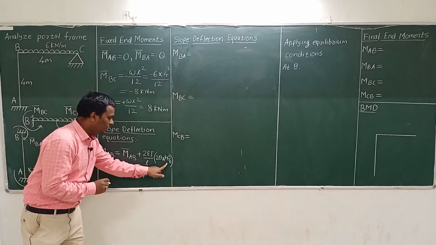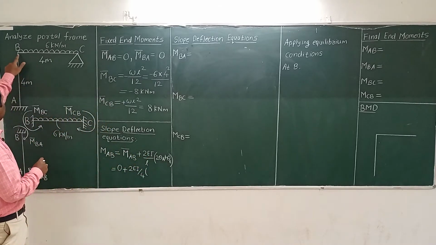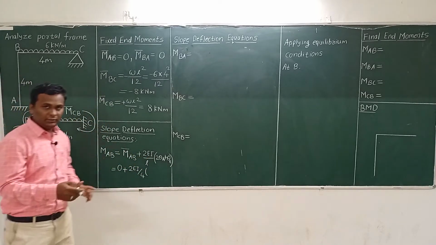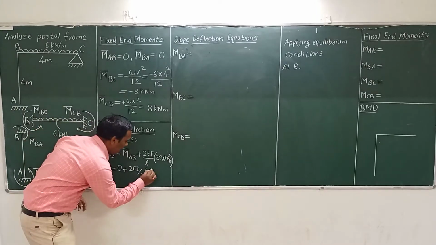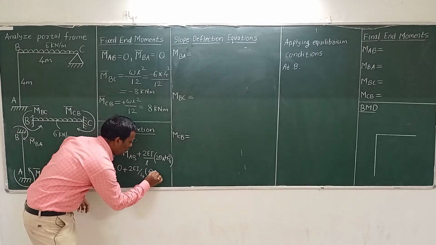And what about theta B? As it is a rigid joint, the rotation or the slope at B is possible, so we have to write theta B as it is, and theta A will be 0.